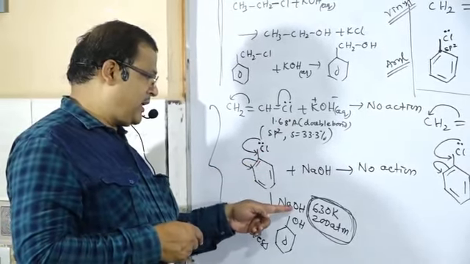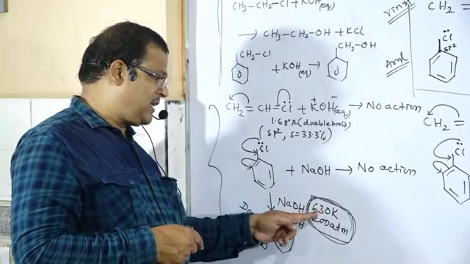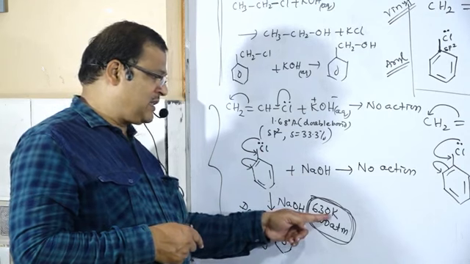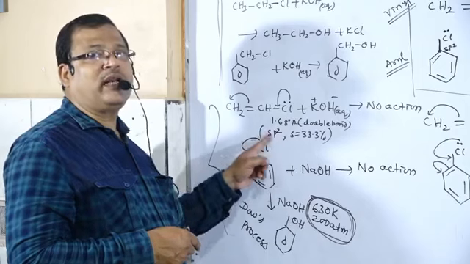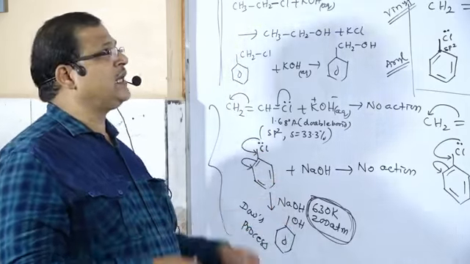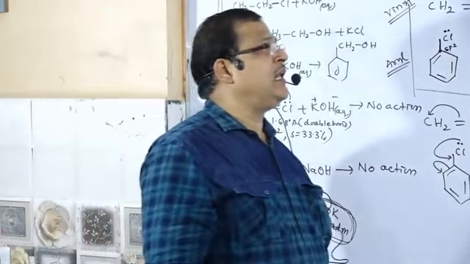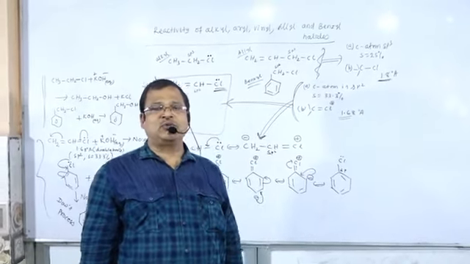If treated with NaOH at 630 Kelvin, normally there is no reaction; if a temperature of 630 Kelvin and 200 atm pressure is applied, then only the chlorine atom can be replaced by OH. So this is regarding the reactivity of alkyl, aryl, vinyl, allyl and benzyl halides towards nucleophilic substitution.